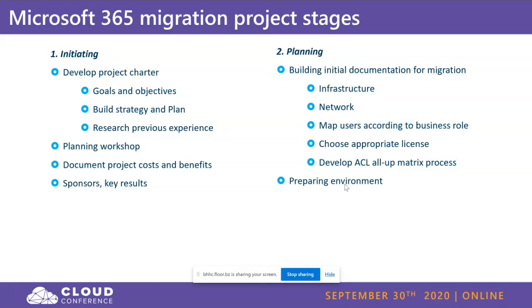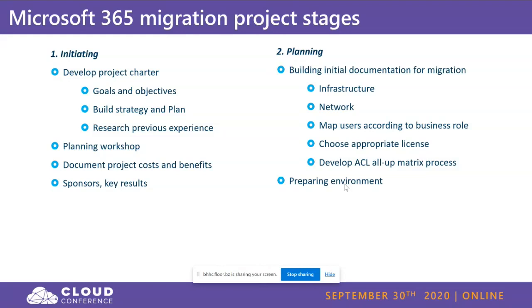It's important to do this during the planning, because during the migration, we will know what workloads and what kind of data we are migrating to each service. Sometimes some users have stored all the emails from their history in the company, and then they are migrating only to a small Exchange Online plan, and they will not have unlimited storage.